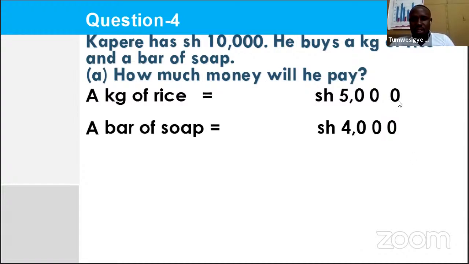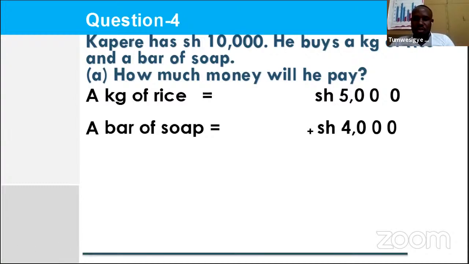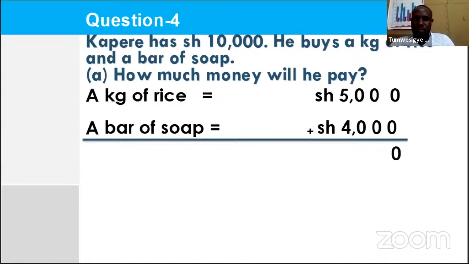We shall get 0 plus 0, and the answer is going to be 0. What's next? 0 plus 0, the answer is 0. 0 plus 0, the answer is 0. Then 5 plus 4, we have to draw our balls here. Let's draw as you count, 1, 2, 3, 4, and 5.